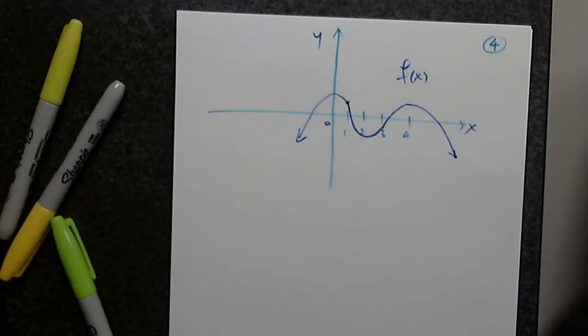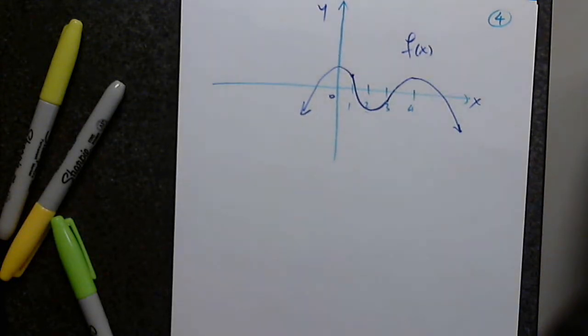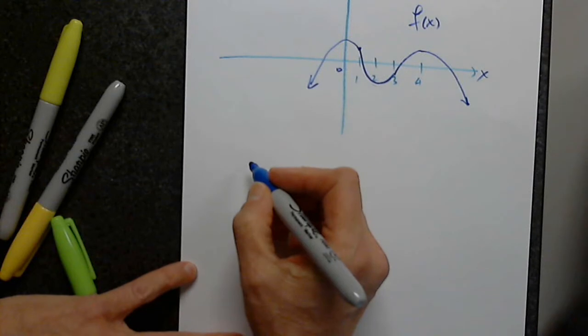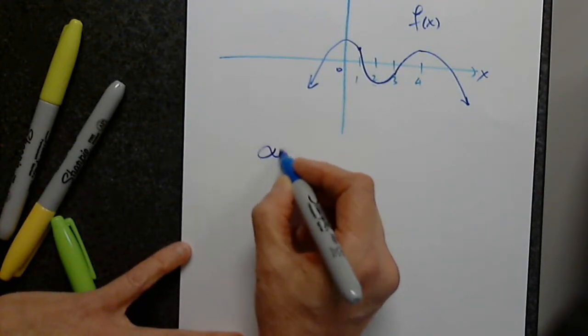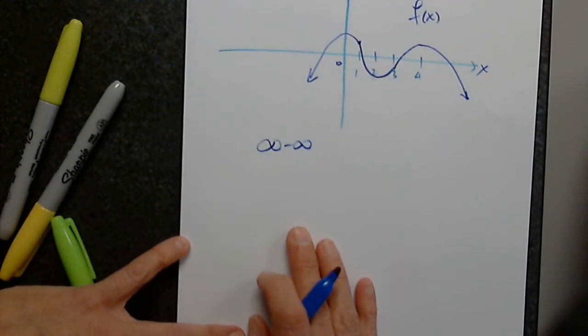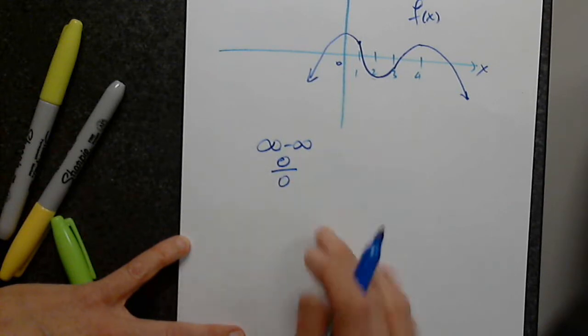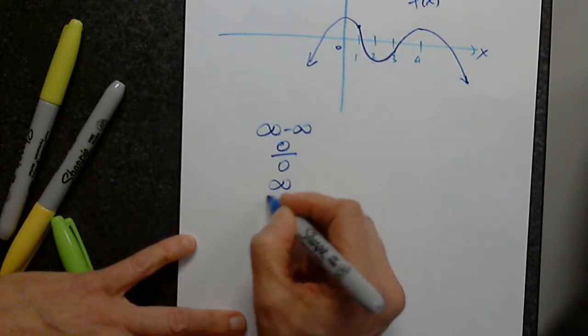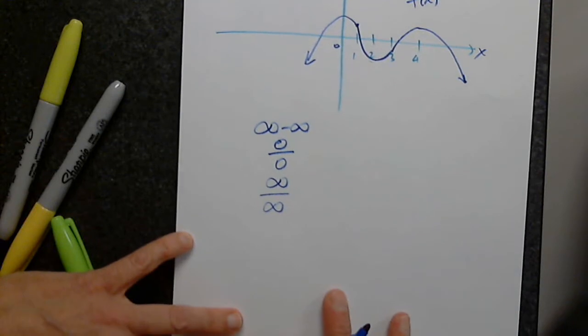Okay. Do you think we need more examples, or can we go back and practice some more with L'Hopital's rule? I do remember, and please correct me if I'm wrong, looking at situations with infinity minus infinity. I do remember 0 over 0. I do remember infinity over infinity.